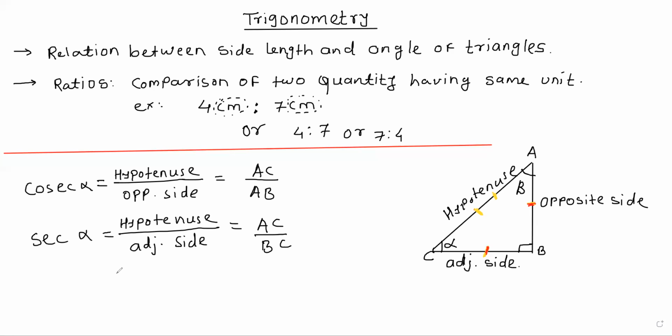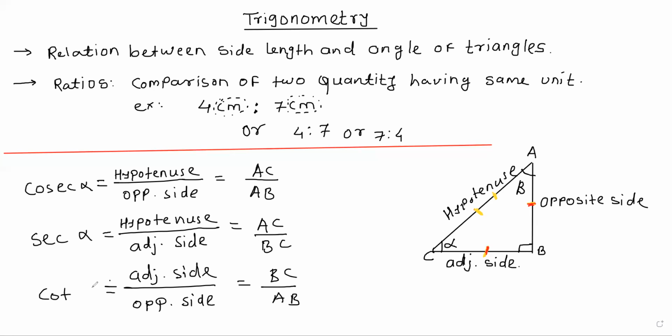Finally, we compare the adjacent side with the opposite side, that is BC upon AB, and this is given as cot alpha. So these are the basic ratios of trigonometry.